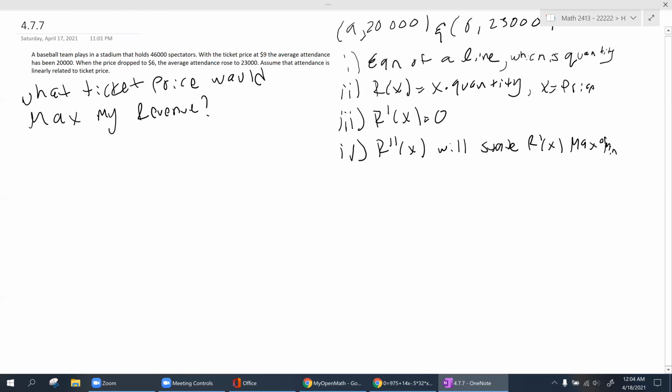So I've gone ahead and set up the data given to me as points. I'm told that whenever I have $9, my attendance is 20,000. Whenever my ticket is $6, it is 23,000, and I assume that the attendance is linearly related to ticket price. So the first thing you want to do is find the equation of the line, which means first finding the slope. This ends up being 23,000 minus 20,000 over 6 minus 9.